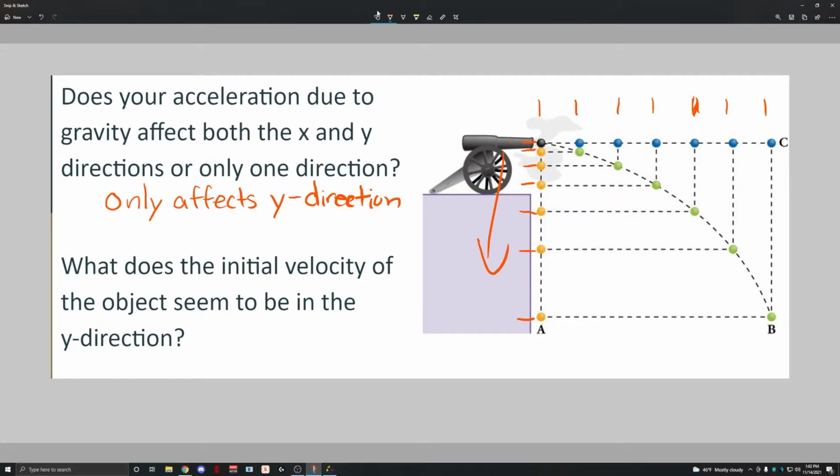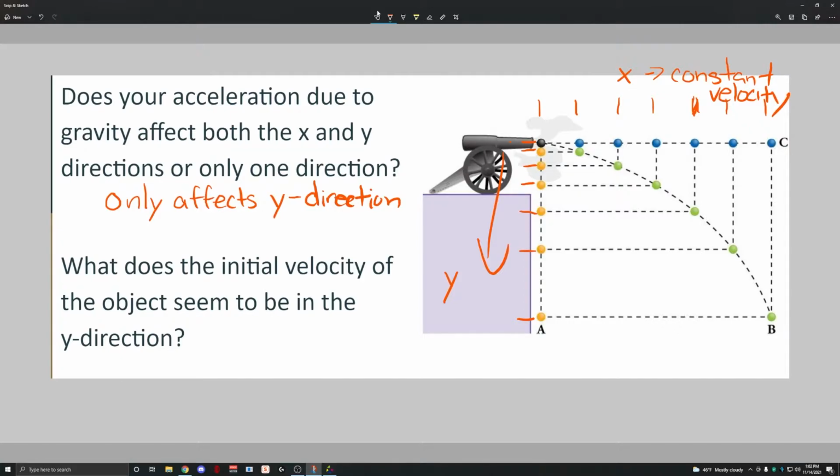And so the second question here is, what does the initial velocity of the object seem to be in the y direction? Well, we know in the x direction our velocity is constant. That much is apparent. But what about our y direction?